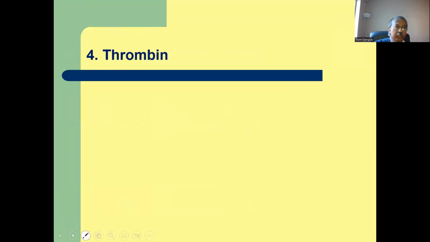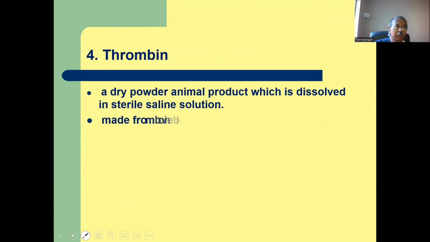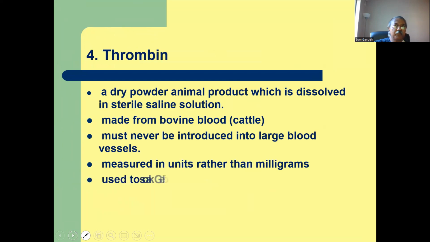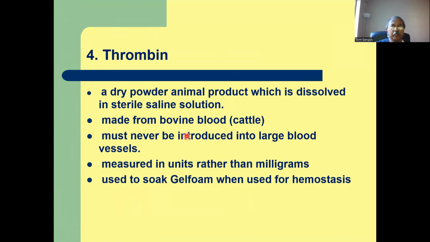Thrombin is a substance, a drug made from bovine cattle blood. So it's an animal-derived product.